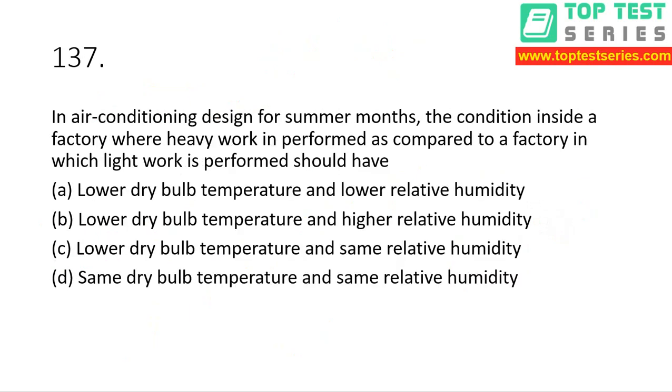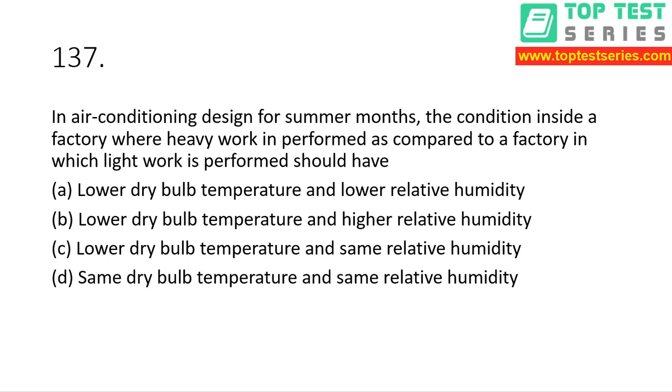Question number 137. In air conditioning design for summer months, the condition inside a factory where heavy work is performed, as compared to a factory in which light work is performed, should have what condition, my dear?